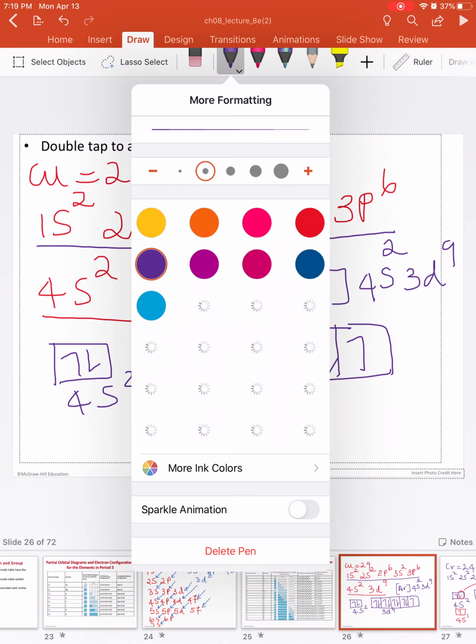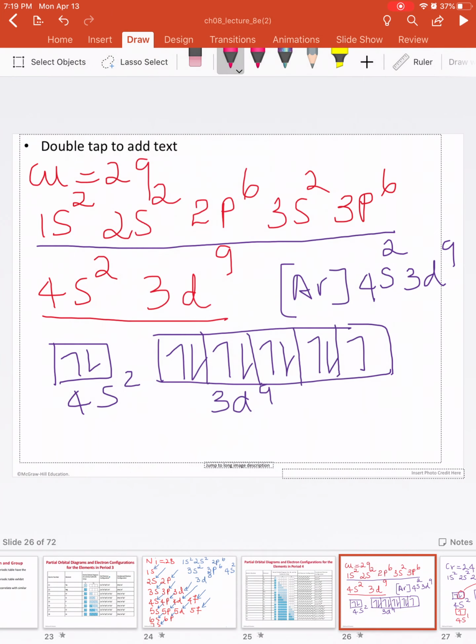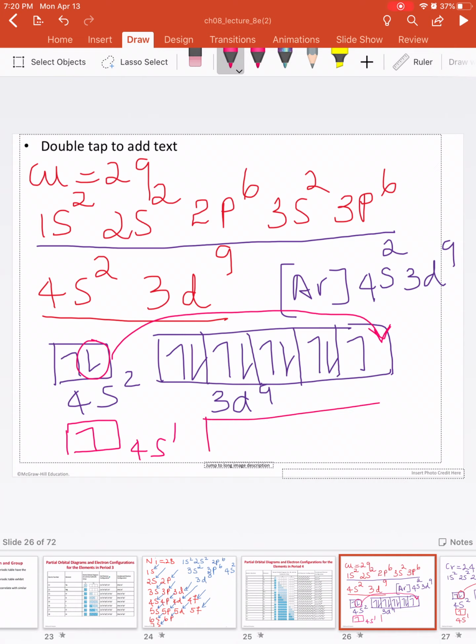One of the s electrons, it could be any of the s electrons, is going to jump into this fifth d orbital, making it 3d10. So then the new electron configuration would look like this. In the 4s, now it has only one electron. And then your d orbitals would look like this, 1, 2, 3, 4, 5, with 10 electrons.